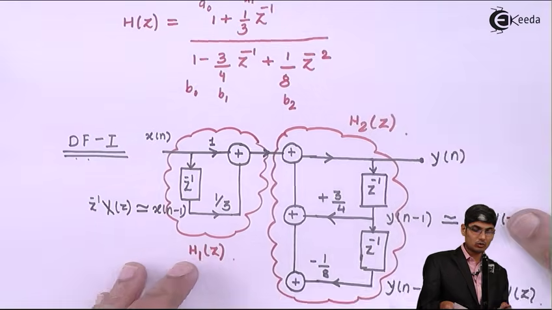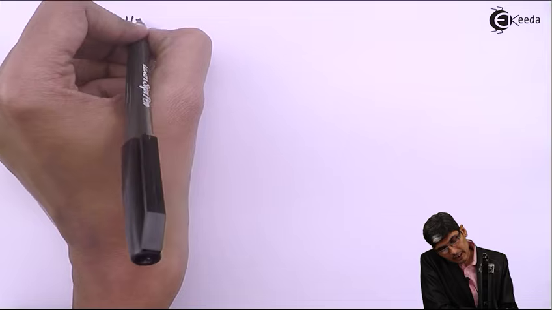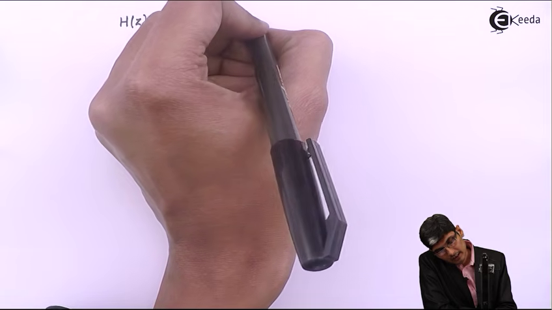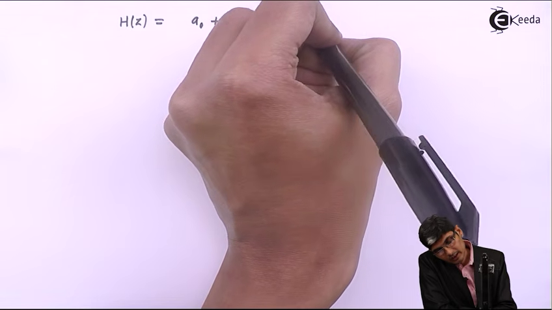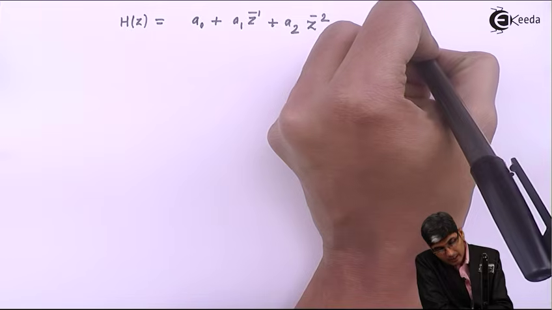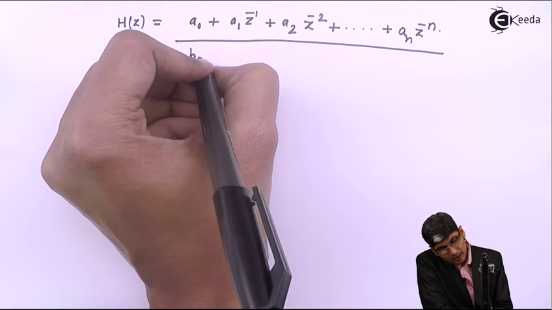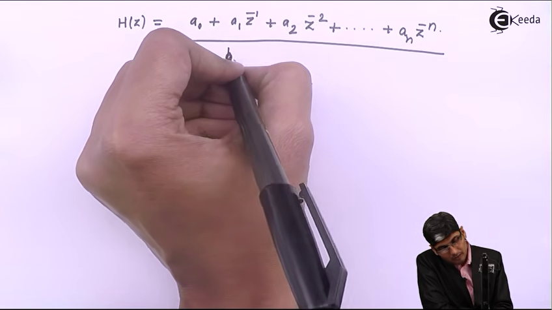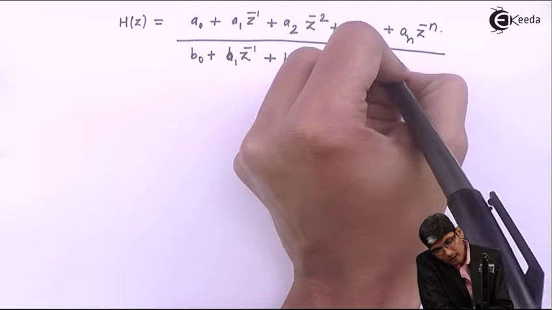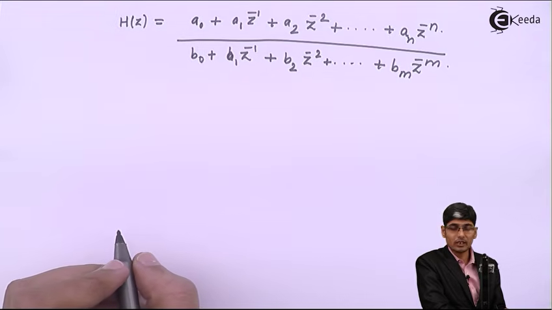Just to generalize the system, we can write in general that h of z is, let's say, a0 plus a1 z inverse plus a2 z raised to minus 2 plus so on plus, let's say, an z raised to minus n, divided by b0 plus b1 z raised to minus 1 plus b2 z raised to minus 2 plus so on till bm z raised to minus m, and m and n are, let's say, not equal.